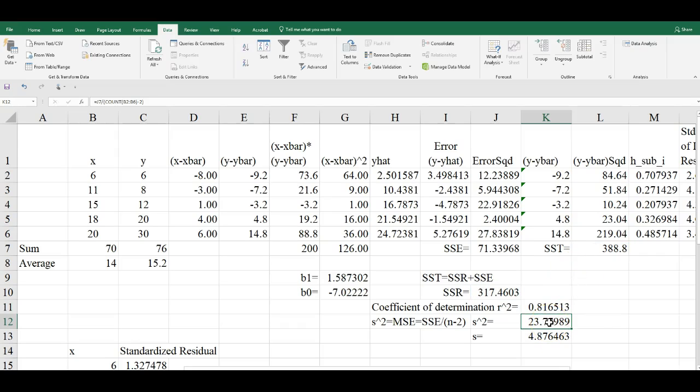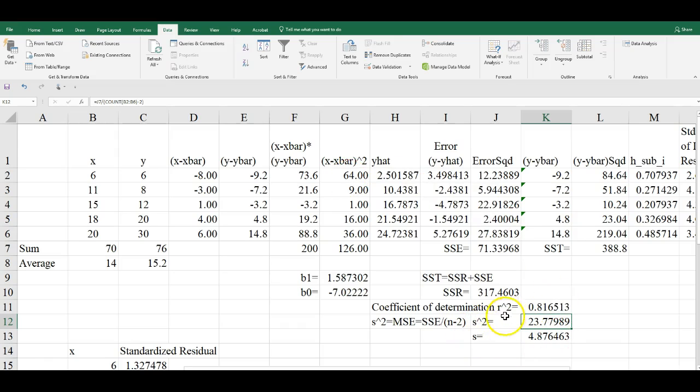And then we calculate S squared, and I should have placed, not that it matters in this case, but just to get in the habit, it's a good idea to anchor your count, your array using the count built-in function if the number of data points, or n, might be used in other places.